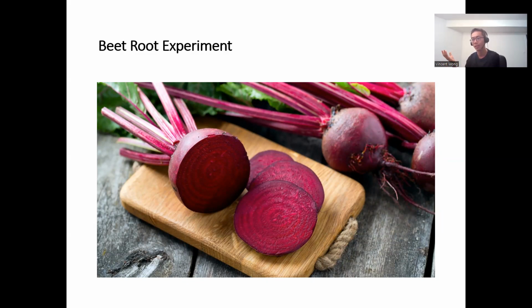The whole beetroot is just colorless. Okay, it's transparent. All the color leaks out into the soup, right? So that's an example of how temperature is affecting the membrane permeability.